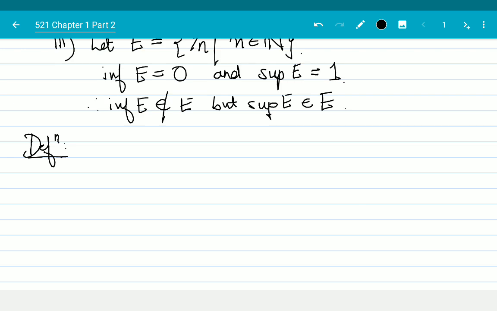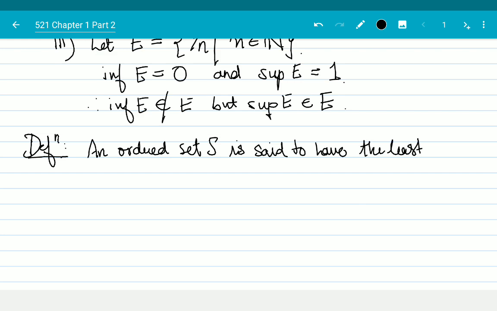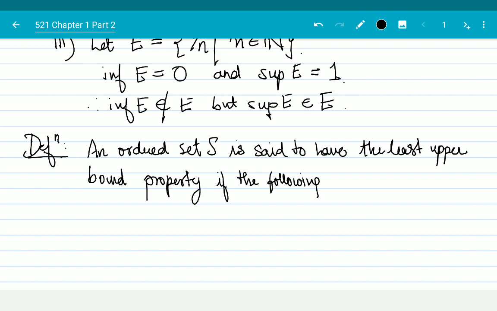An ordered set S is said to have the least upper bound property if the following is true.